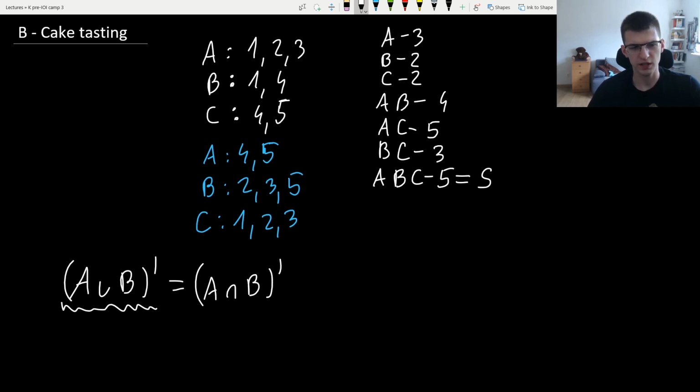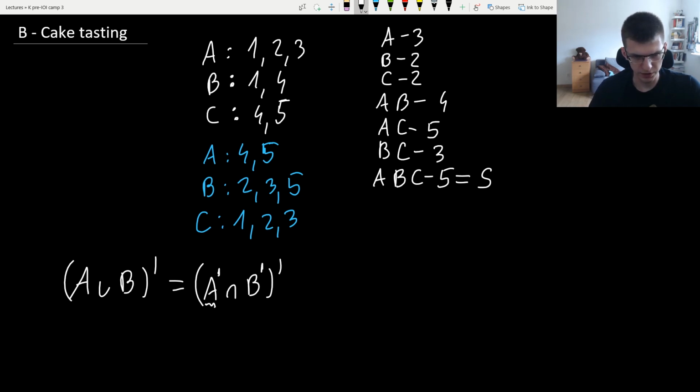Complement represents those items that are not in at least one of them. And one moment, here something is wrong for sure. So those represent things that aren't in neither. Here we have, I lacked this thing.